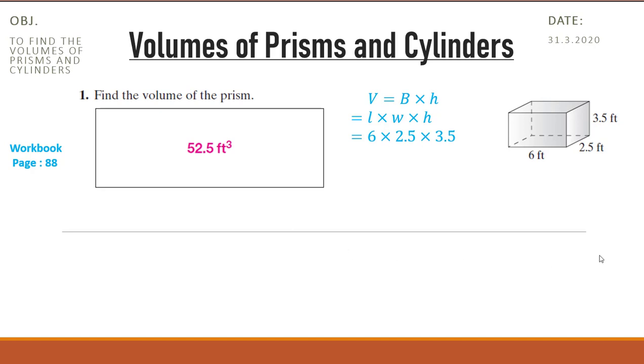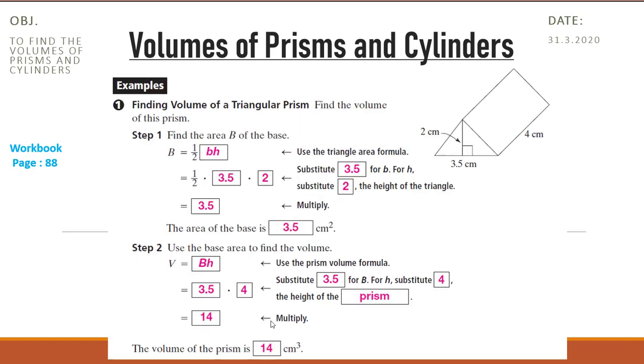Okay, I will answer you, Muhammad, now. Your question was, what's the difference between the two heights, right? We have here the first one, the height of the triangle. We use the height of the triangle when we find the area of the base, because the base is a triangle and the rule is half base multiplied height.